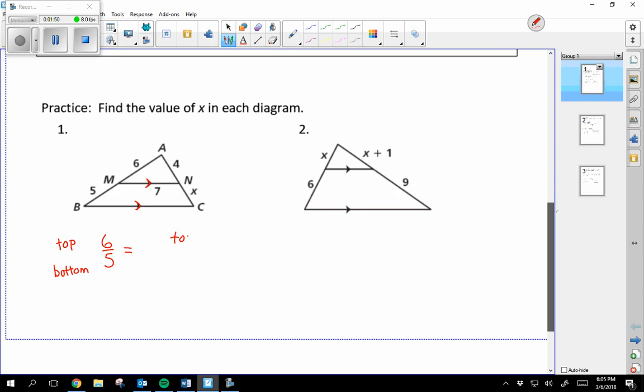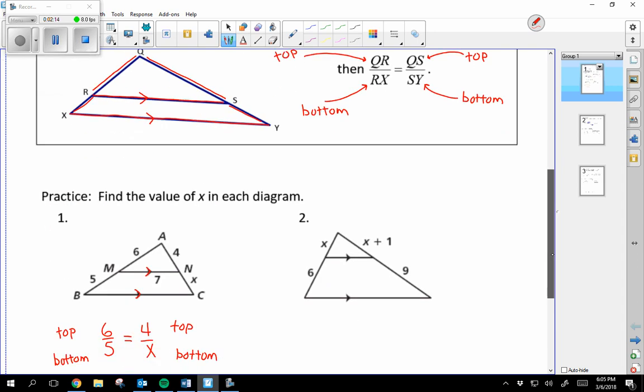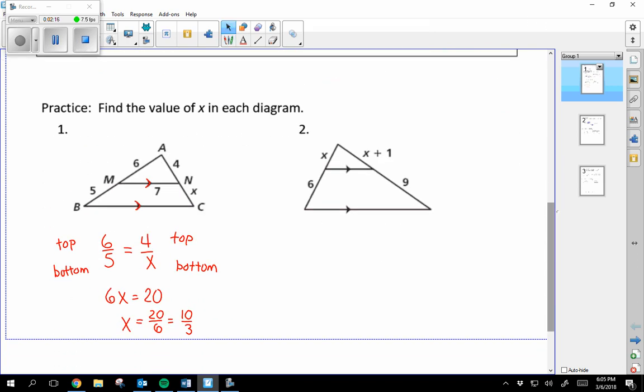And from the right side, if I do top to bottom again, I will have 4 compared to x. When I cross multiply then, 6x will equal 20. And when I divide, x will be 20 over 6, which reduces to 10 over 3. So x equals 10/3.